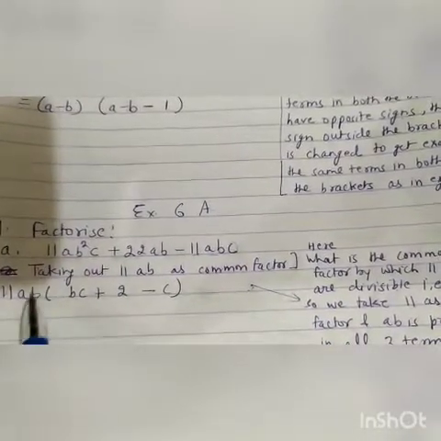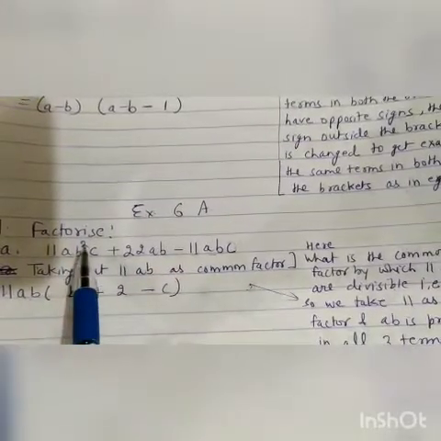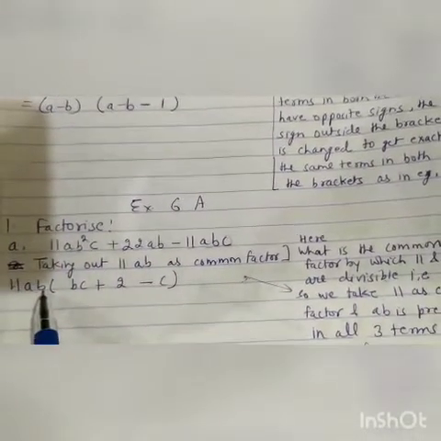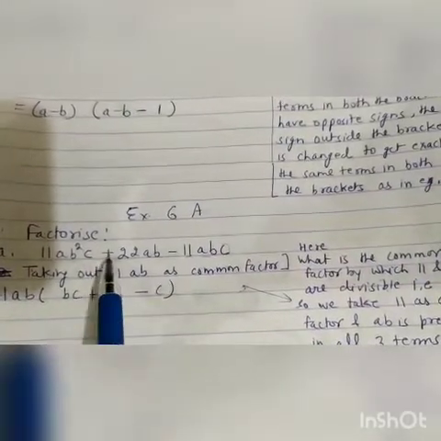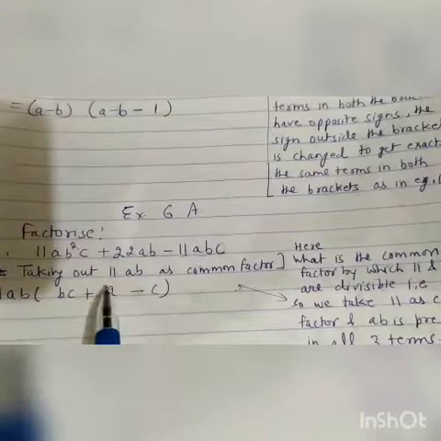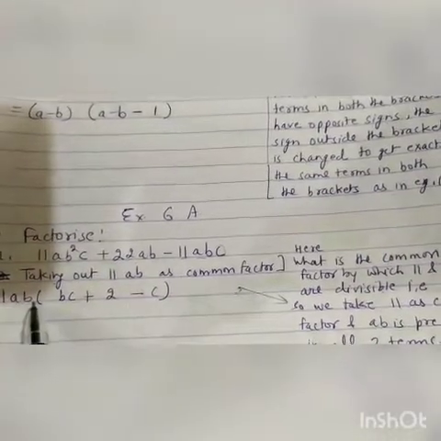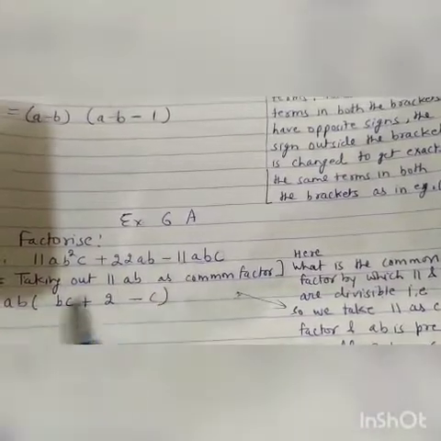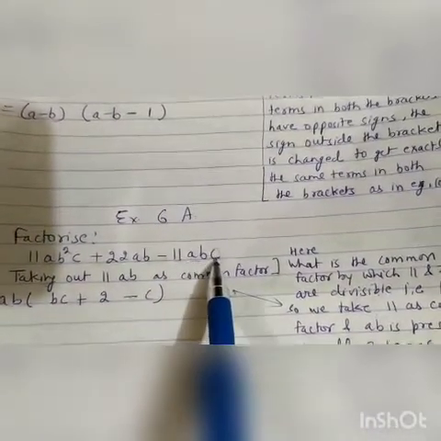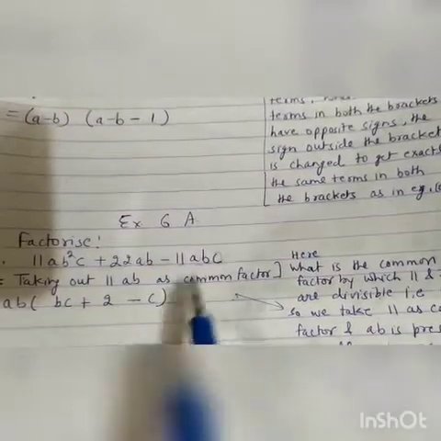So 11 cancels, a cancels. From b square we have taken only b common, so b will be left, and this c is also here. Now this plus, 11 times 2 is 22, ab cancels, minus 11 times 1 is 11, ab cancels. So what is left? Only c is left.